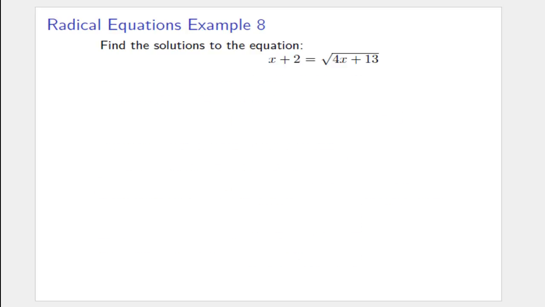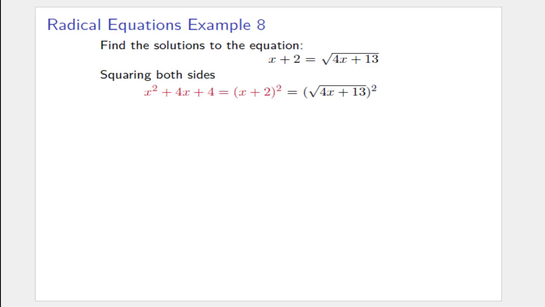To find the solutions to x plus 2 equals the square root of 4x plus 13, we need to square both sides, giving us x plus 2 squared equals the square root of 4x plus 13 squared. On the left, we need to square out the polynomial, which gives us x squared plus 4x plus 4.